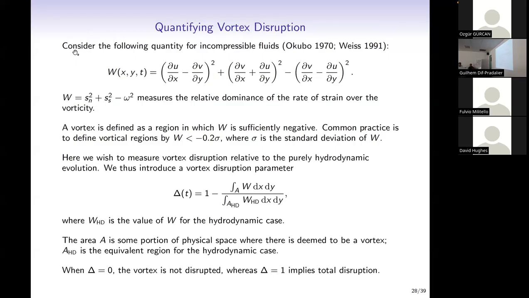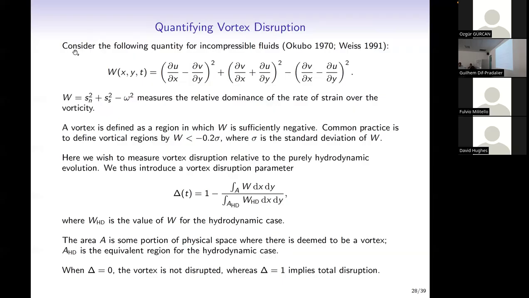Having got your Okubo-Weiss parameter, how do you define disruption? We define a disruption parameter, which is 1 minus the integral of this Okubo-Weiss parameter over the vortex, divided by the Okubo-Weiss parameter over the hydro vortex.